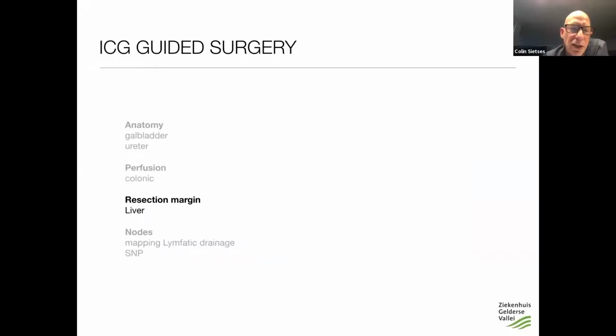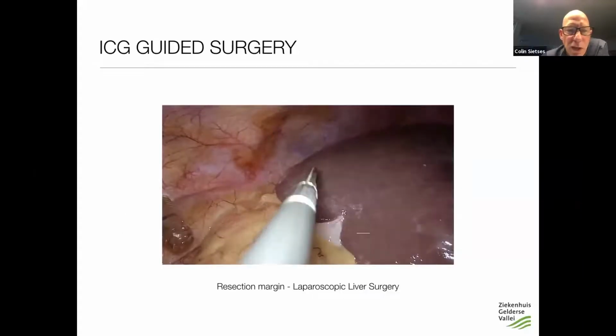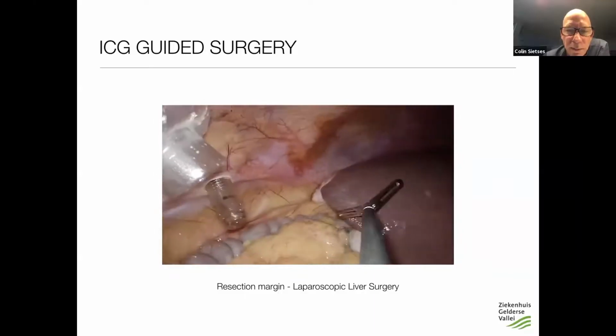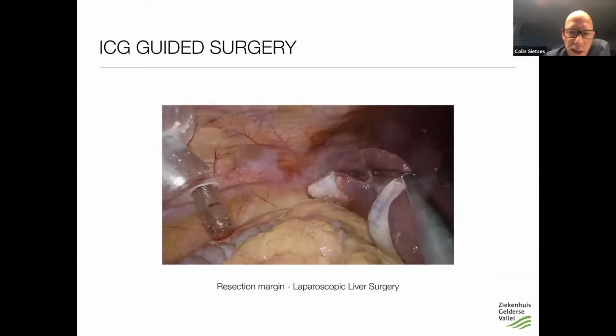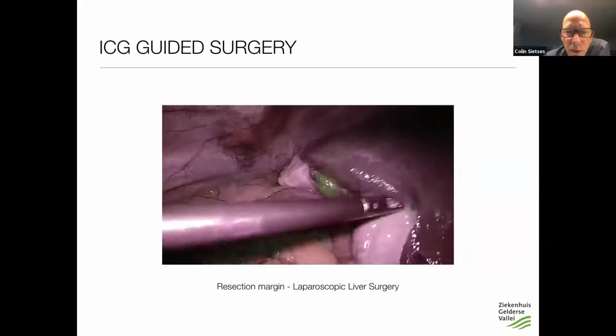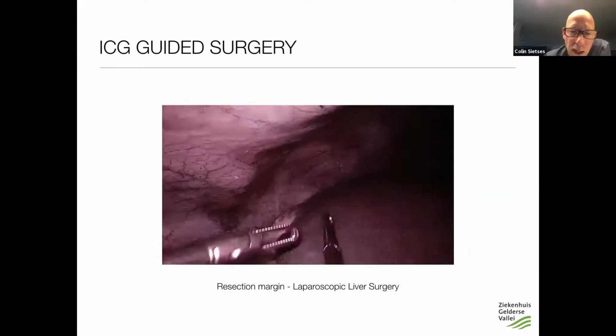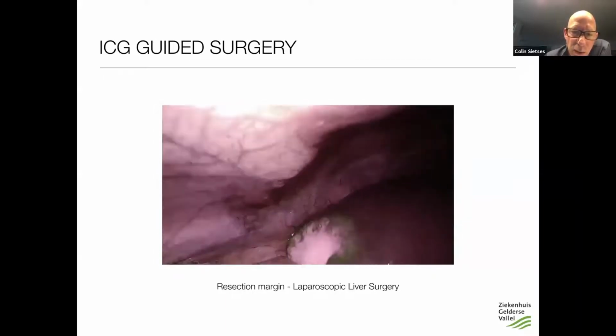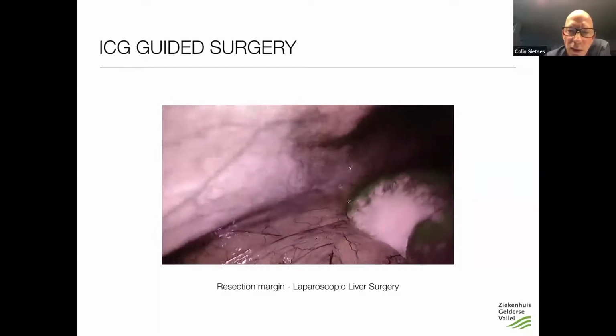So the last subject which I want to describe is where I use it for liver resection. This is a little bit different. If you want to use ICG for liver resection, you have to give it 2 or 3 days before the operation, because it only has to be left inside the metastasis and it has to be cleared from the liver. And as you can see here, if you give it 2 or 3 days before the operation, the only place where it's left is in the metastasis, and you can use it to make sure that you have a clear margin.